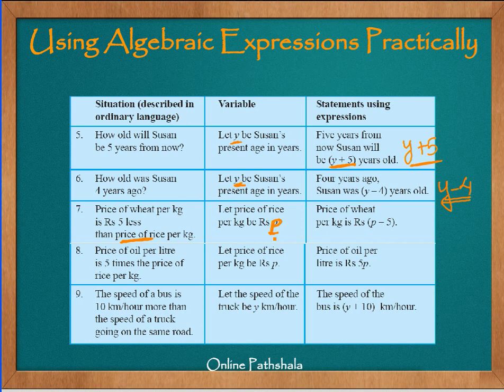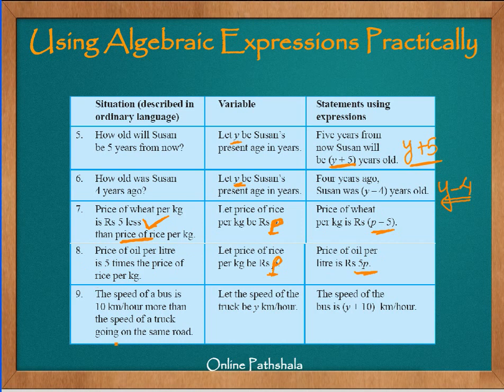Therefore, the price of wheat per kg is p minus 5 because it is 5 less than the price of rice. Eighth example, the price of oil per liter is 5 times the price of rice per kg. It is a similar example, but now we are taking oil. So we use the same variable as for the price of rice, which is rupees p. Therefore, the price of oil per liter is going to be 5 times p.